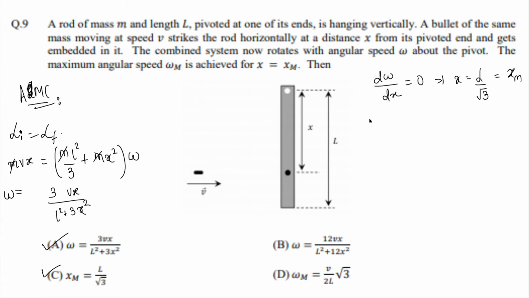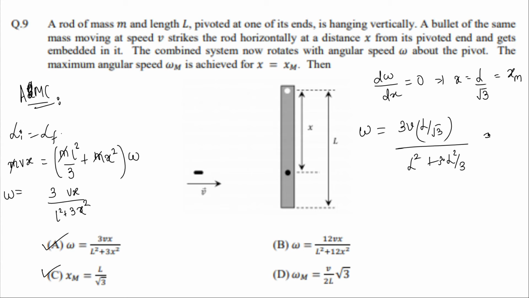And now I'm going to put this value of x in this, and after putting the value we get omega as 3v L by root 3 over L square plus L square by 3, that is 3 times L square by 3.